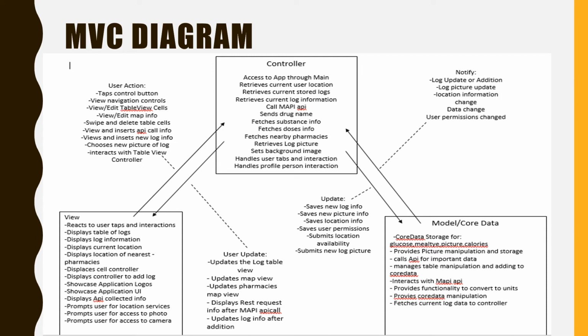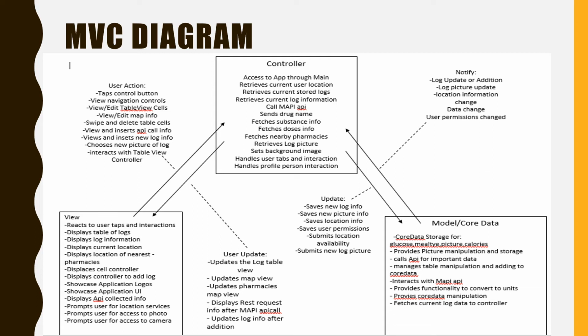It sends the data that the user has put in for each log, like the glucose and all that, to the model, and it basically interacts with the model and the view. So the main thing the controller does is send information that the user put in to the model, and then the model interacts with Core Data to save the information, or fetch the information required from Core Data.